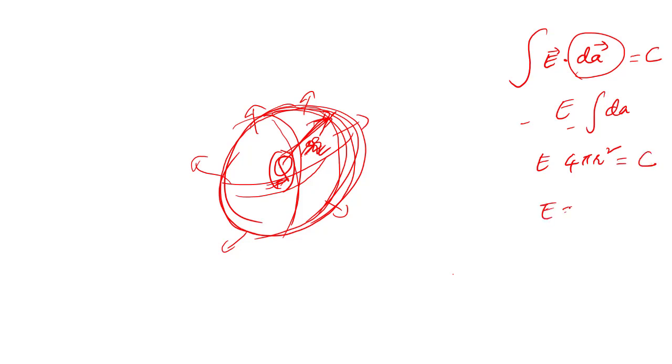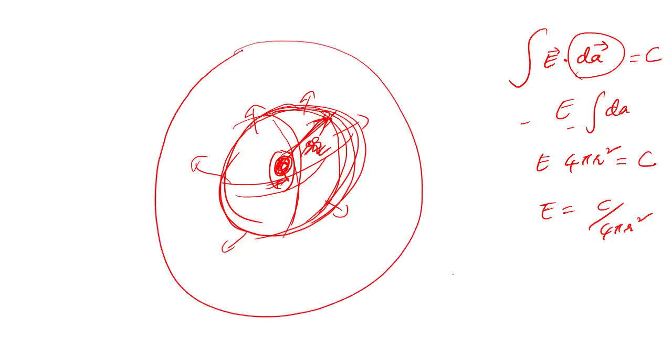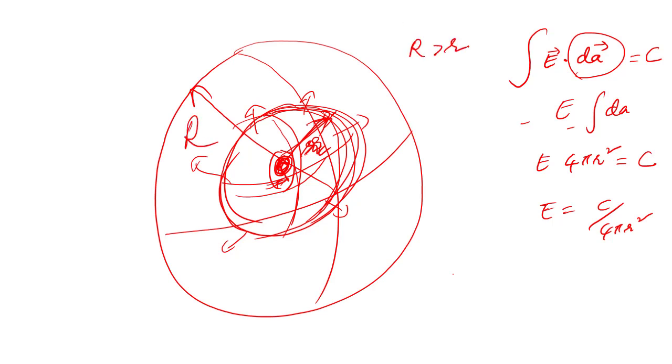Whatever field is in here, because of the surface area effect, if I take a larger radius, capital R, which is greater than r, then the flux E dot dA would be for that 4 pi R square. So E at capital R would be c by 4 pi R square. The charge affects the plana around it, which affects the plana around it, and so on.